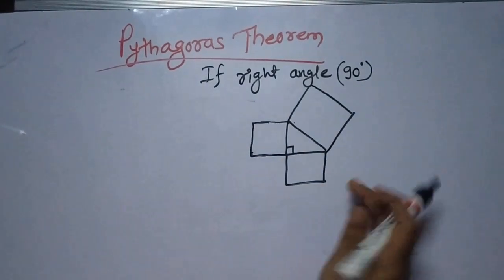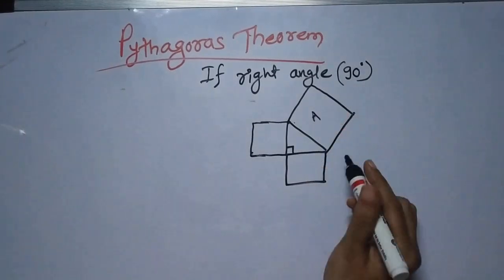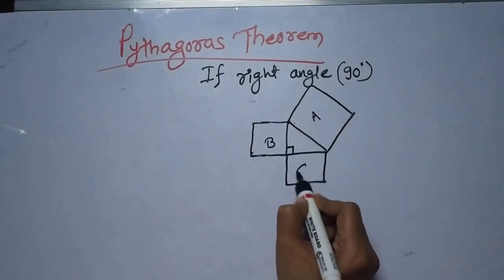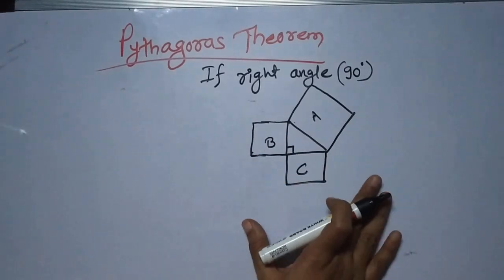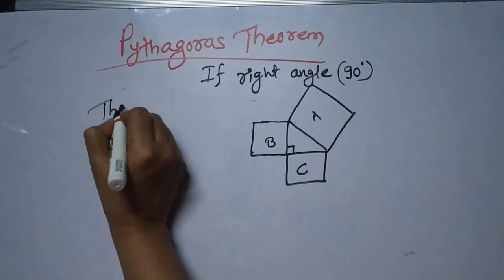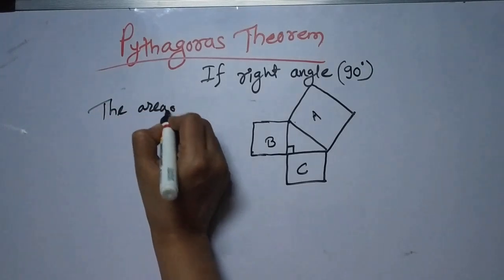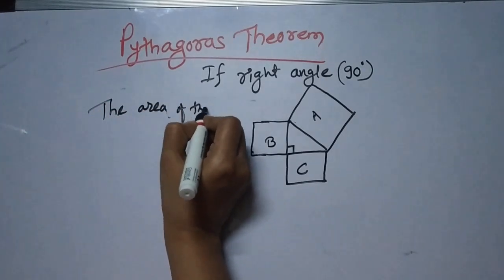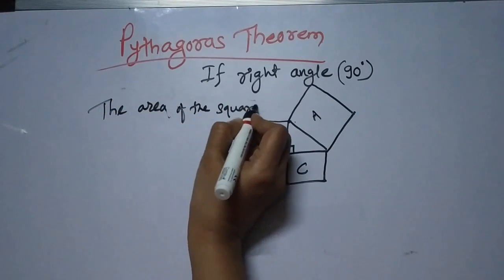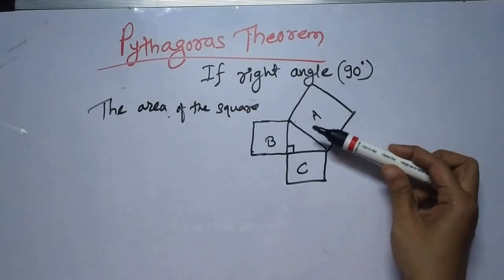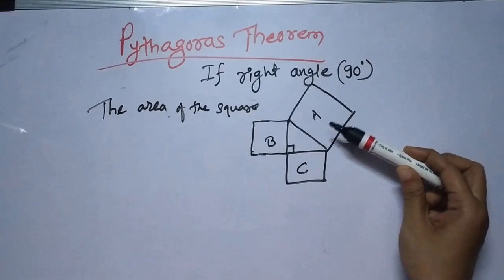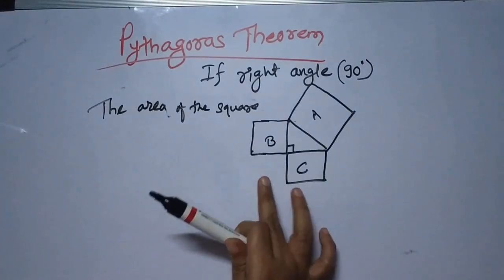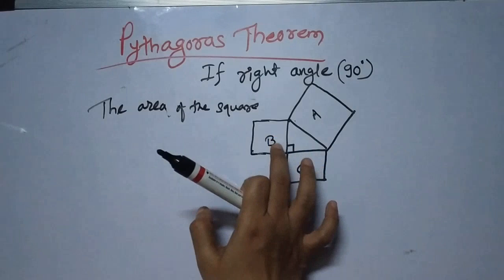Suppose we name these squares A, B and C, the three squares. He says that the area of the square on the hypotenuse of a right angled triangle is equal to the sum of the squares on the other two sides, the legs.